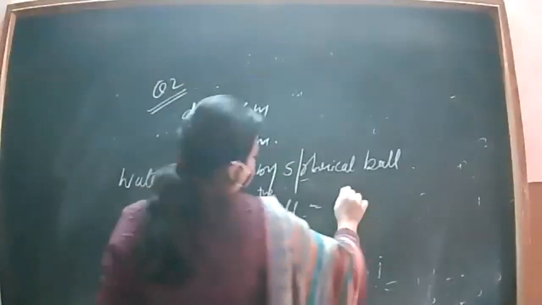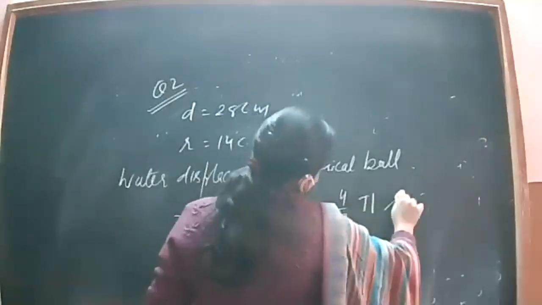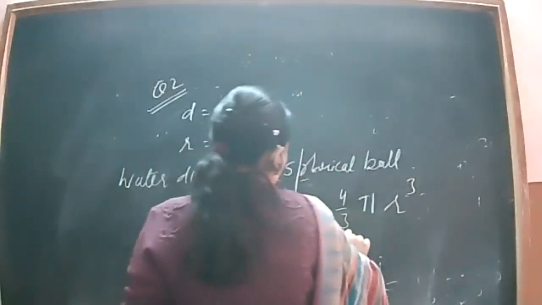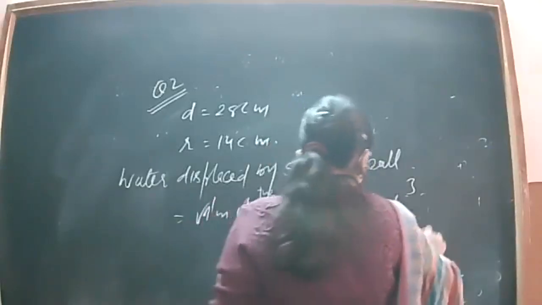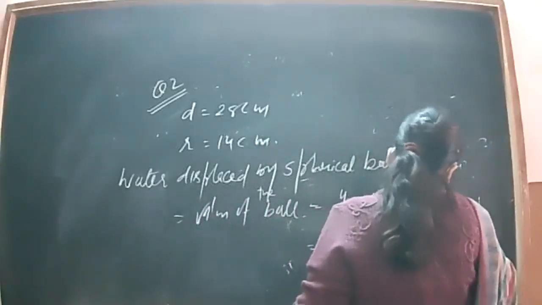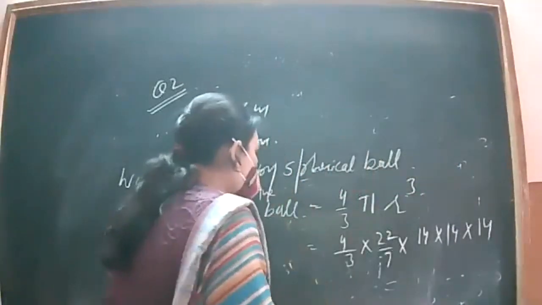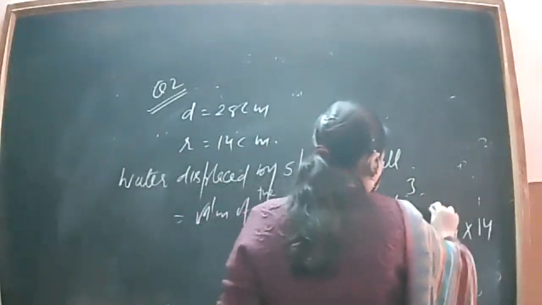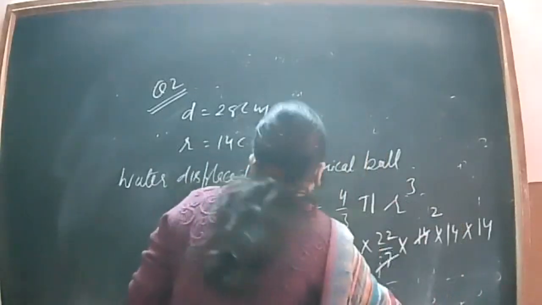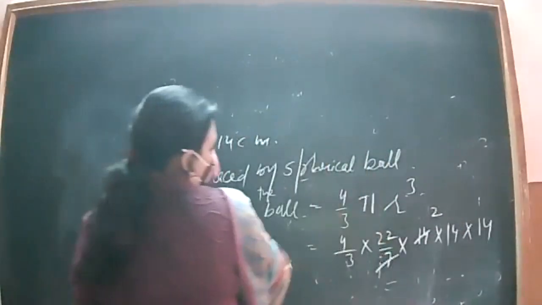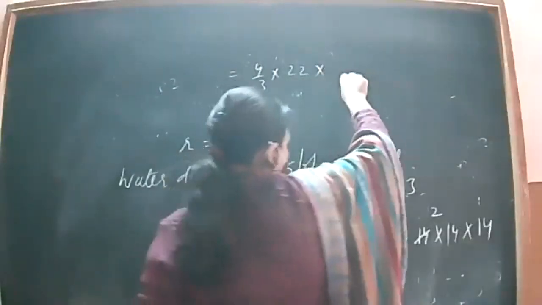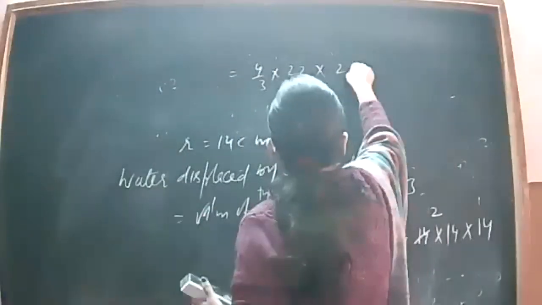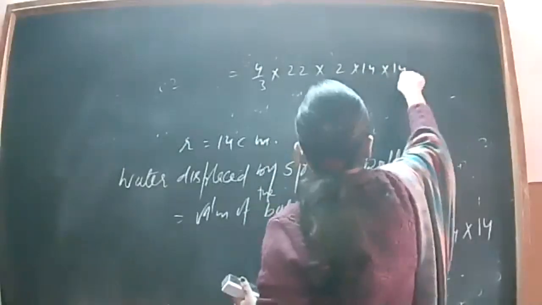So this is equal to 4 by 3 pi r cube, and this is equal to 4 by 3 into 22 by 7. R cube means 14 cube, 14 which will be written 3 times. So this gets cancelled. So we have 4 by 3 into 22 into 2 into 14 into 14.